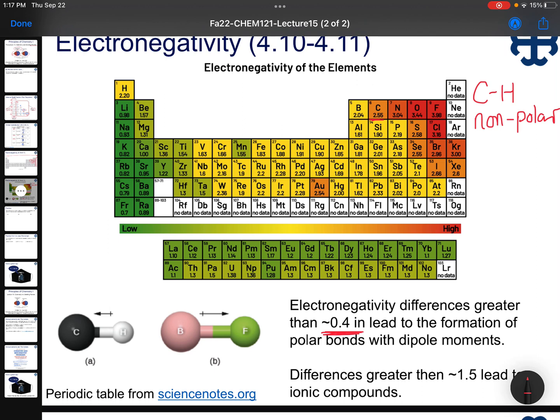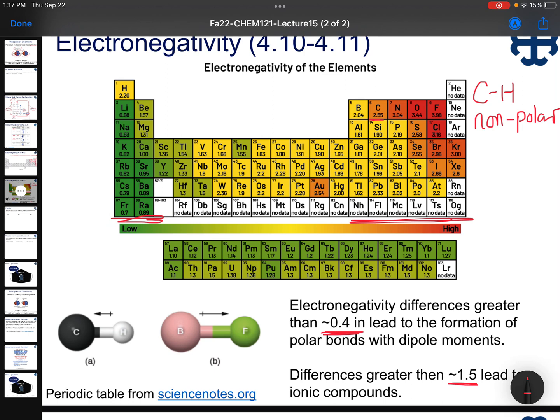Once we get to another point of having an electronegativity difference greater than about 1.5, at that point we might even start to consider the compound to be ionic, but there is basically a spectrum there, and so it might not be purely ionic. There are definitely some exceptions there, and so as a general rule for ionic compounds, think about metals bonding with nonmetals. That tends to be our best indicator as to whether or not something is ionic or not.